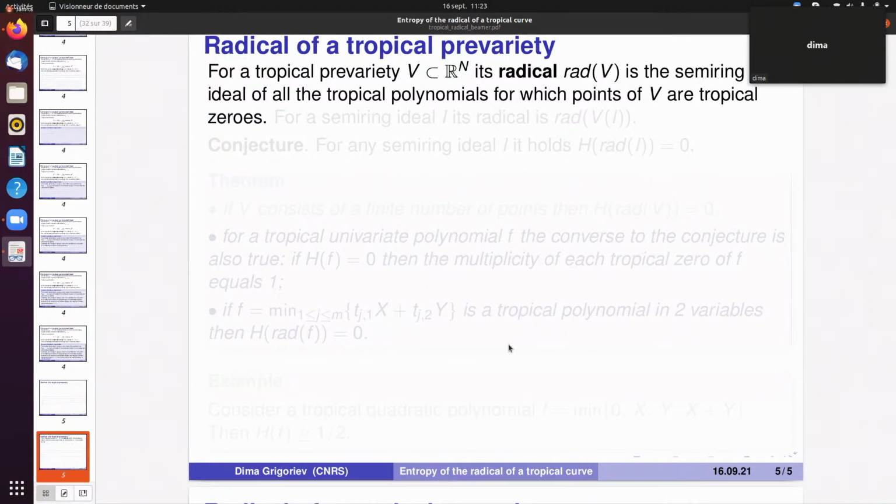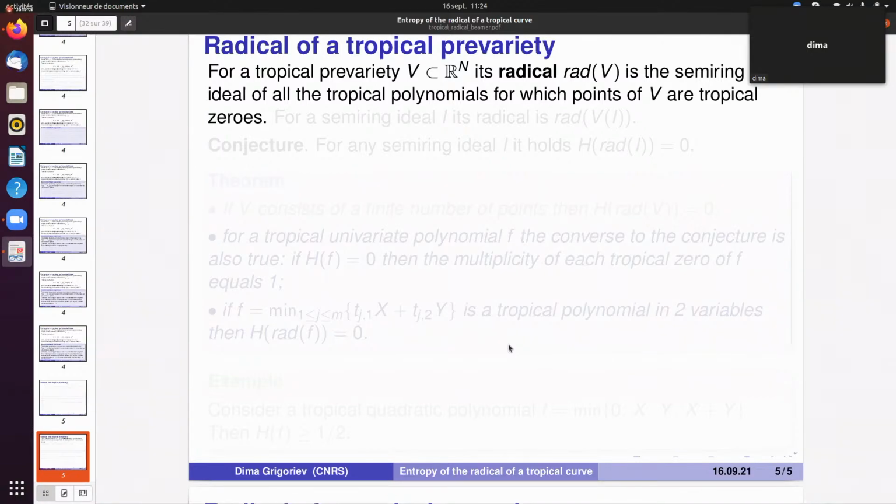So on which, in other words, the polynomials vanish. Usually in the classical commutative algebra, the definition of the radical is different. Take an ideal, and then we extract all the roots from the values of this ideal.